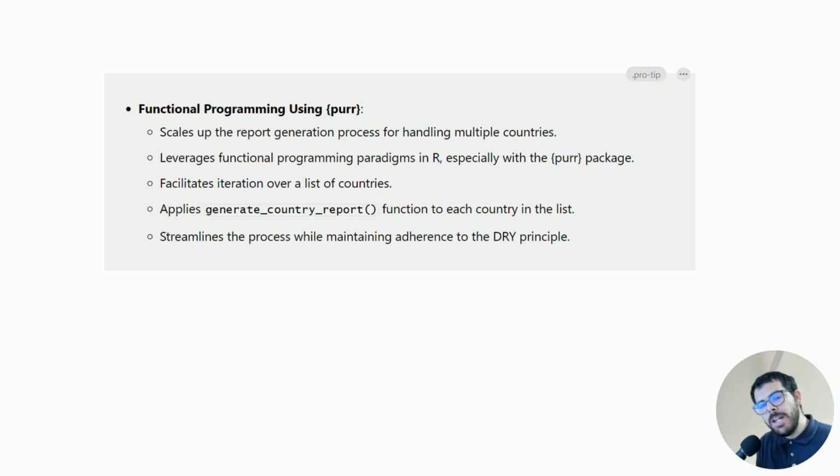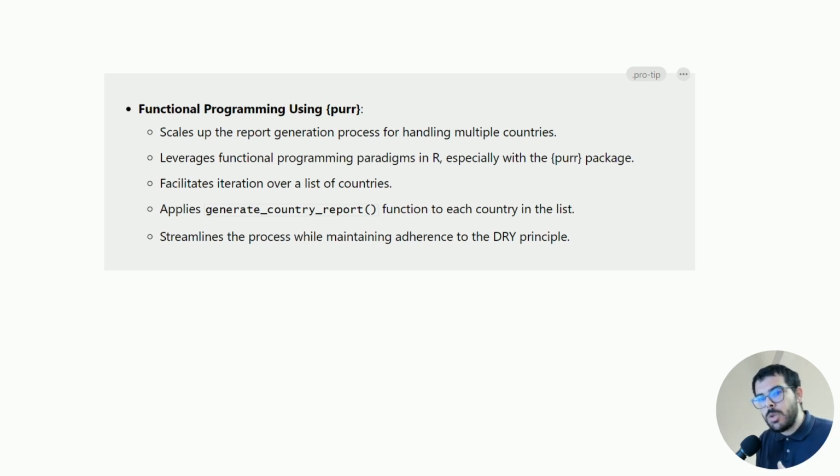Now, imagine you have multiple instances like countries or regions or specific time periods that you need to analyze. It will be tedious to generate these reports over and over, even if you have a function. And here comes the purrr package.